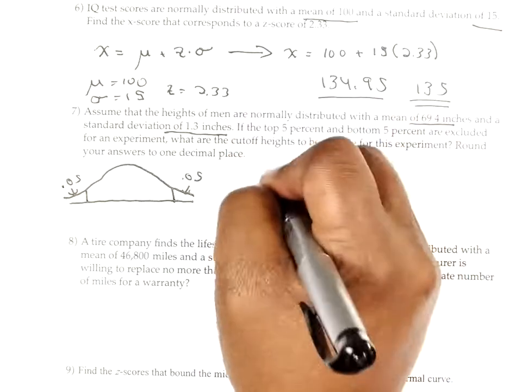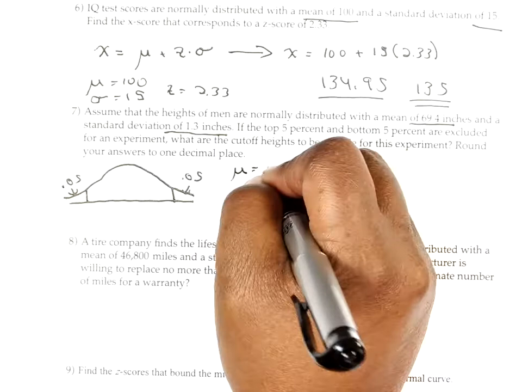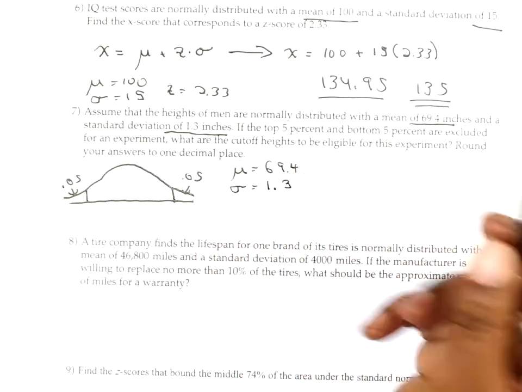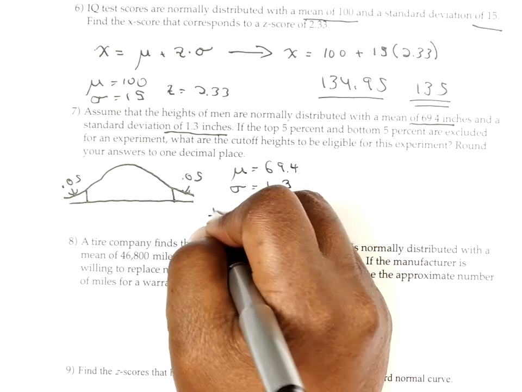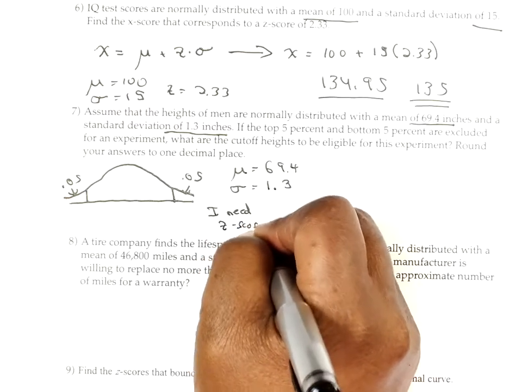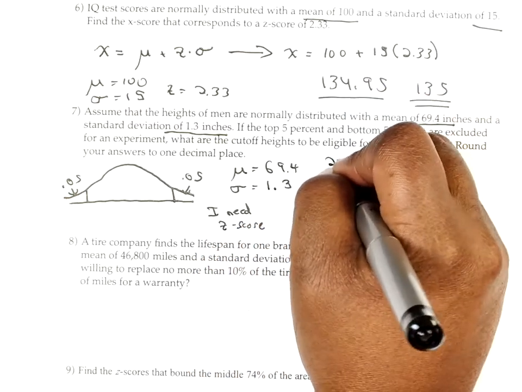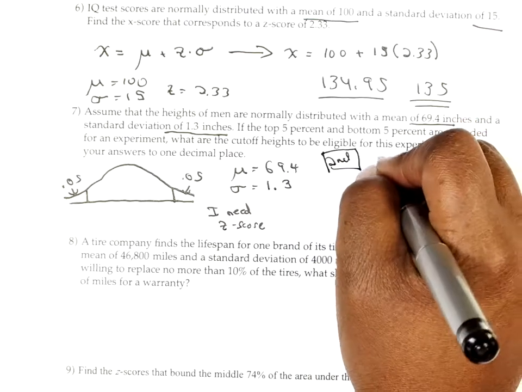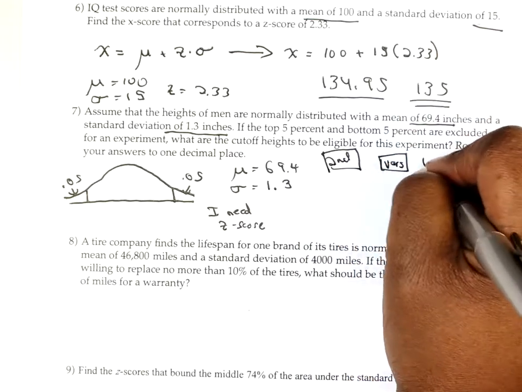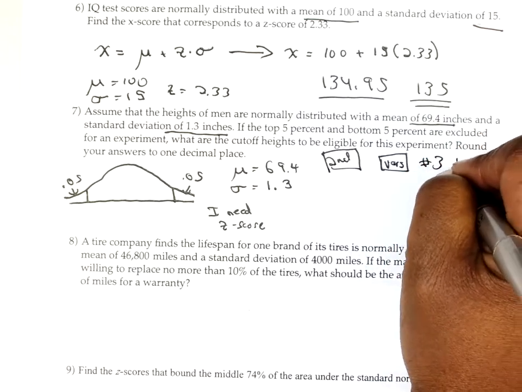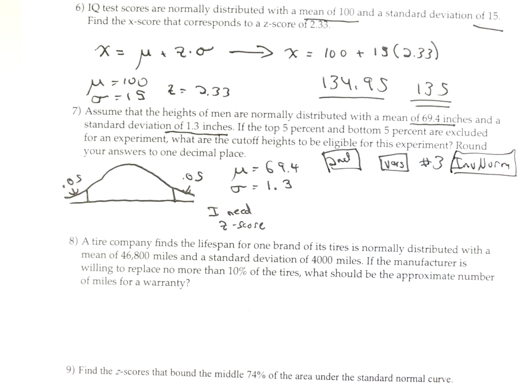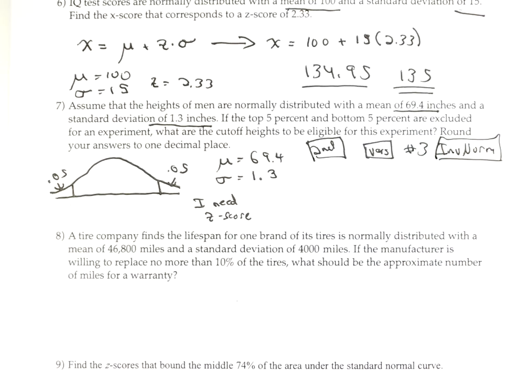So what I need is the fact that the mean is 69.4 and the standard deviation is 1.3, and I need the Z score. So I'm going to plug this in the calculator. So second function, VARS, and this time we're going to use number 3 because number 3 is the inverse norm.